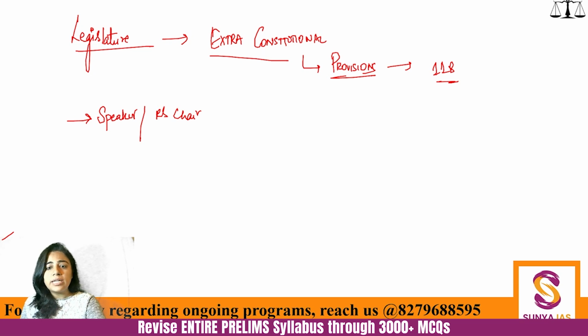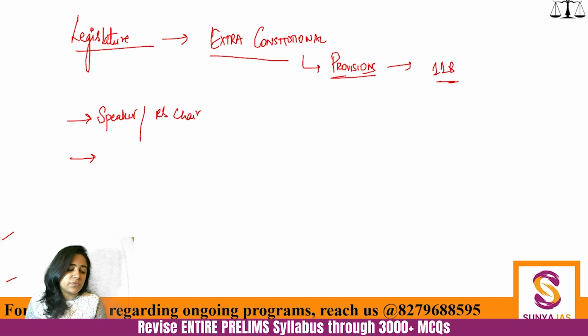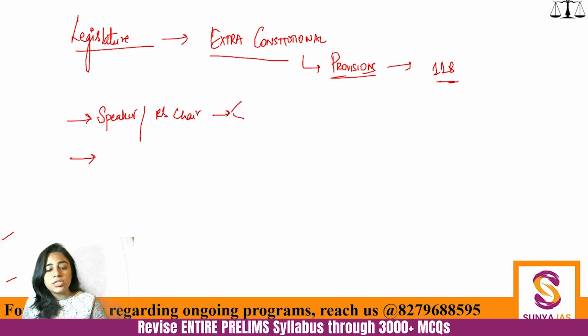So after we know that they work under the speaker, basically the chairperson of the house, they should also be elected or nominated by the speaker. So speaker or chairperson, the presiding officer, basically they have immense powers to nominate also and to monitor the work that these committees are doing also.